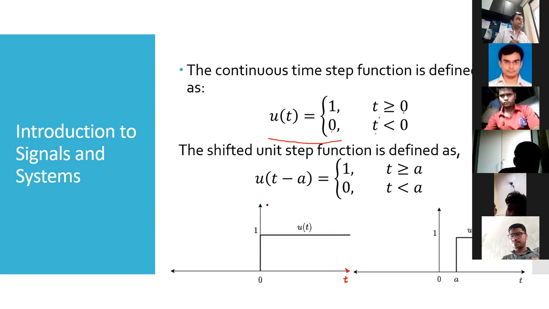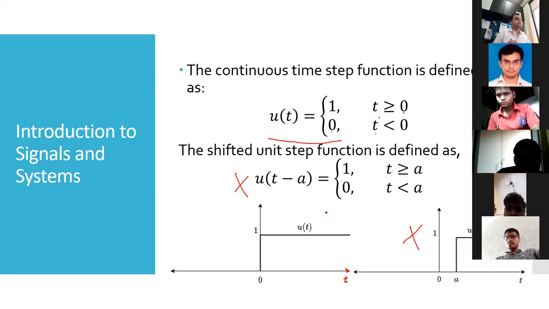Fine? So I hope all of you are drawing it. At present, no need to draw this or write this. Fine? Abhi shifted function nahi lena hai. I will explain you what do you mean by shifted function.